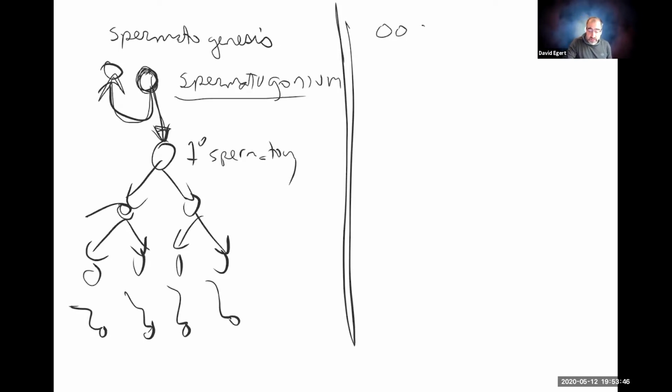Oogenesis, on the other hand, is very different. The oogonia, these little stem cells that produce eggs, are only in the fetus.